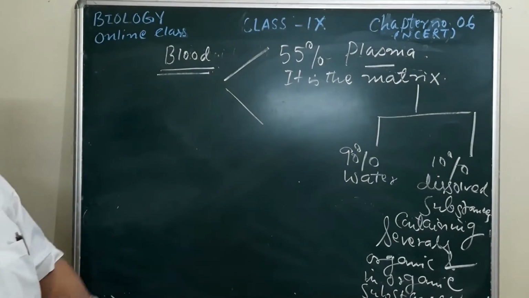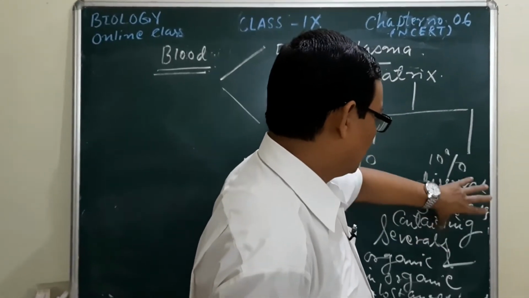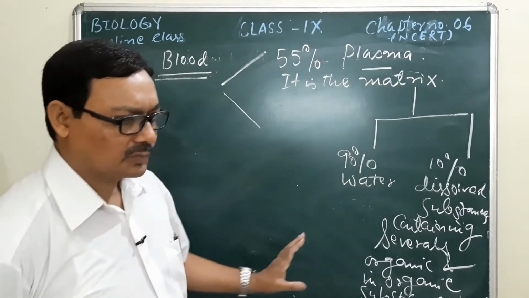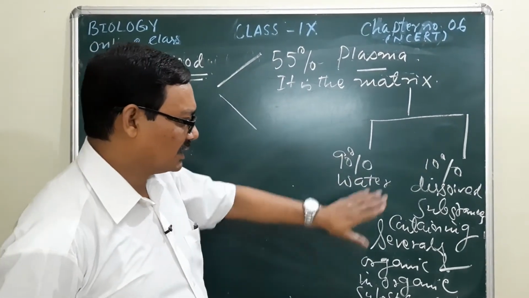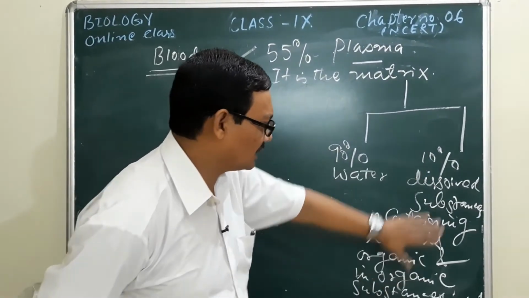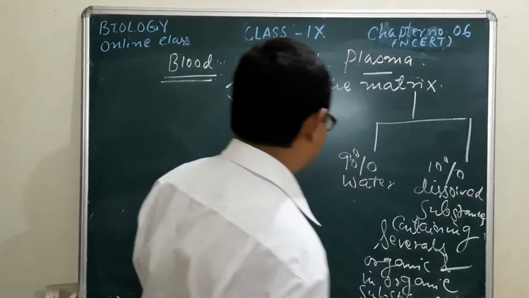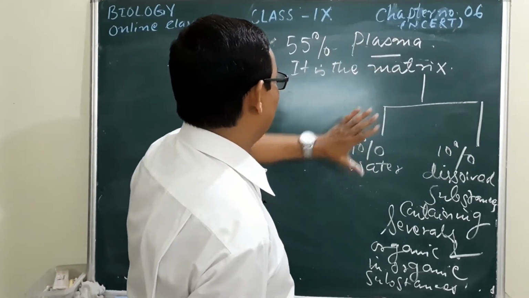It contains mainly nutrients and proteins, like fibrinogen, globulin, hormones, enzymes, etc. All are the component parts of the 10% dissolved substances, and 90% is the water which composes the plasma.